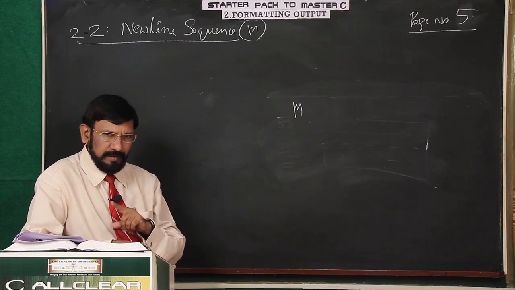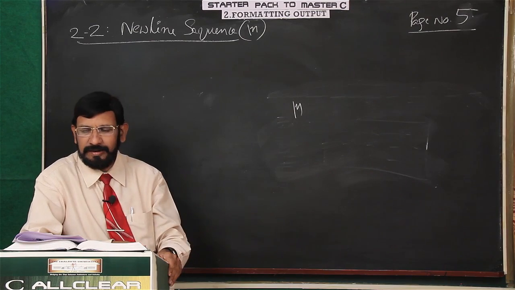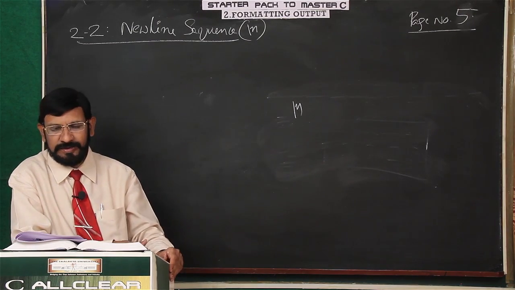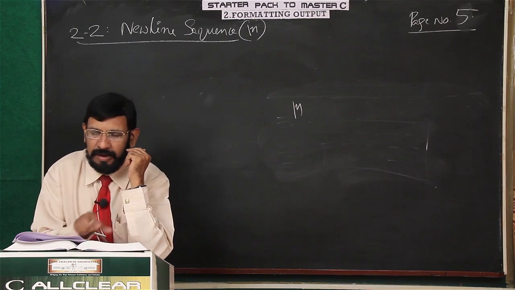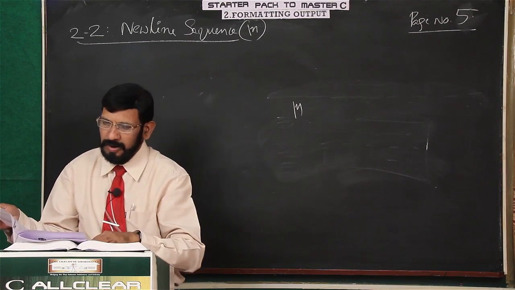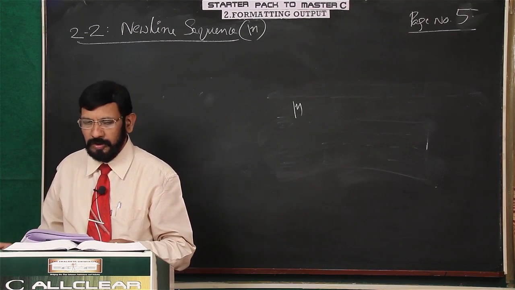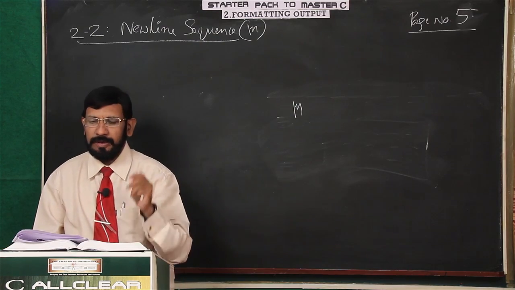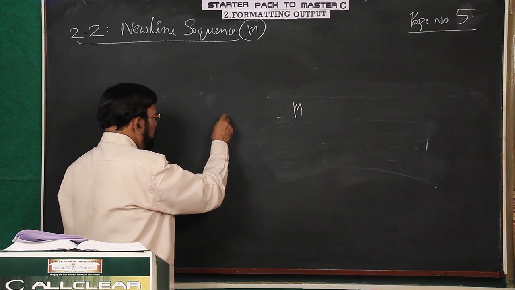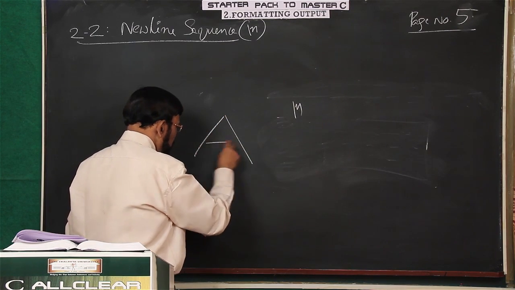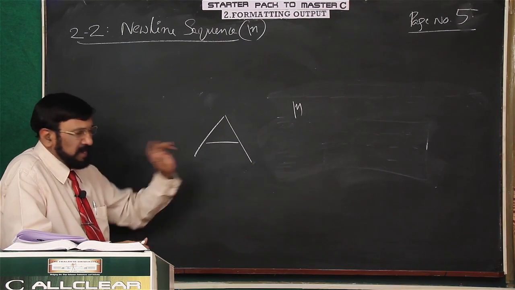Thereafter we learn placing data, a little later. First, let us apply the newline sequence. Here, page number 6, program number 2.2. In the 2.2 program, I have written a format using stars.